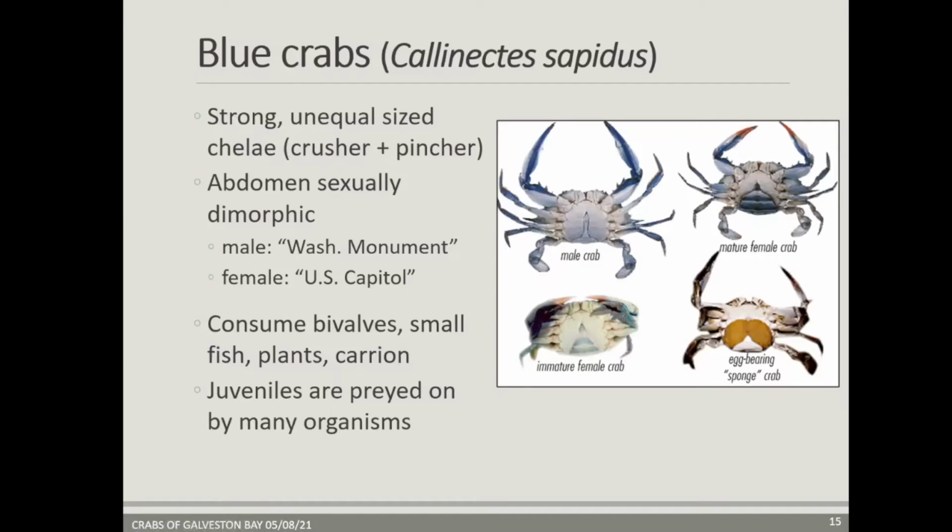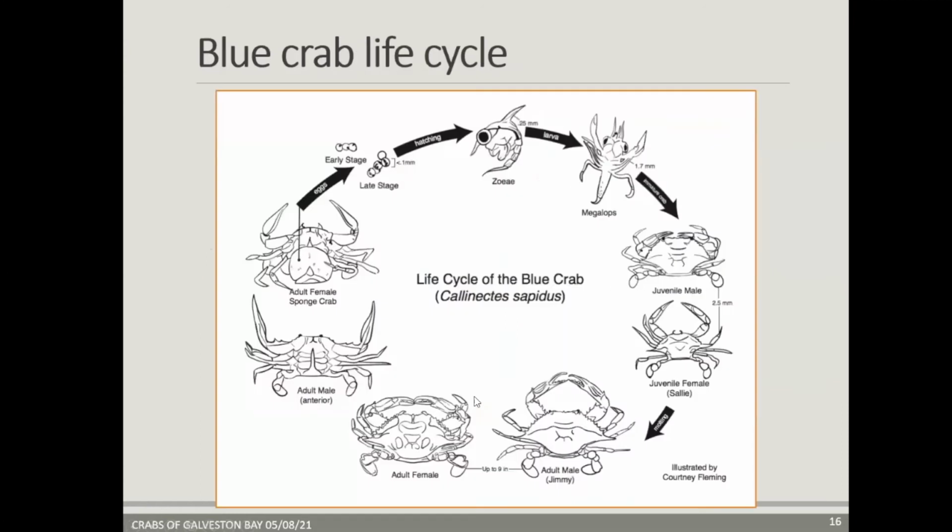Their claws are the same, and they're also very soft. They're very weak, so they have to just pick up little stuff. A lot of detritus. The juveniles are preyed on by many organisms, so we're not the only ones that like crab. Fish like crab. There's all kinds of stuff out there. So they're one of nature's perfect food sources when they're young.